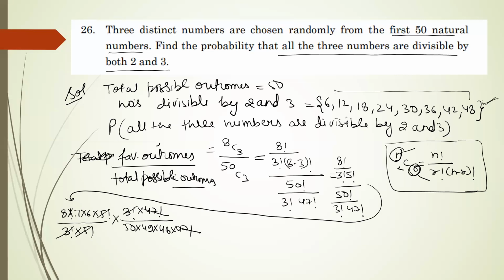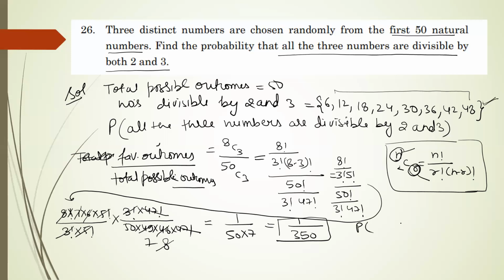Now 7 sevens are 49, 6 eights are 48, 8 also gets cancelled. So we are left with 1 upon 50 into 7, which is equal to 1 over 350. So this is the required result.